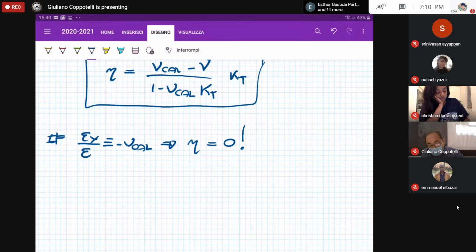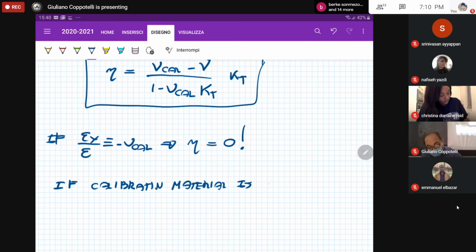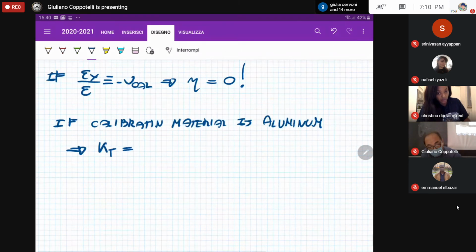So if, on the contrary, we are having a different material, for example, if the calibrating is aluminum, then what we got is that KT is practically, could be practically 0.005, that is 0.5%, so very, very small.